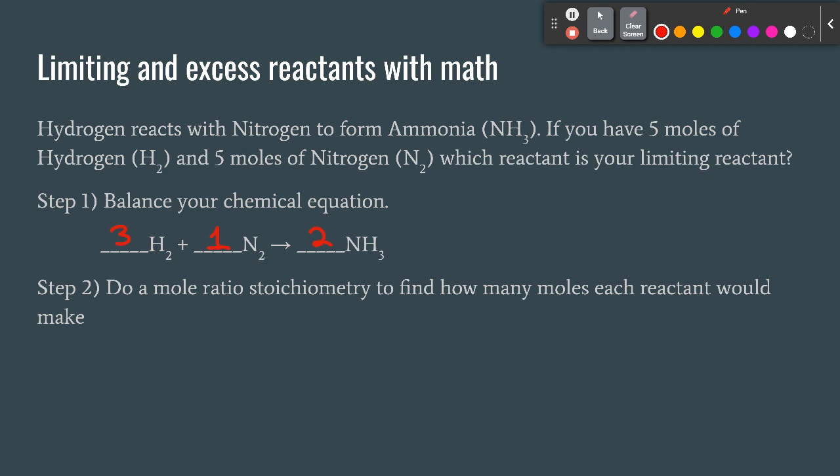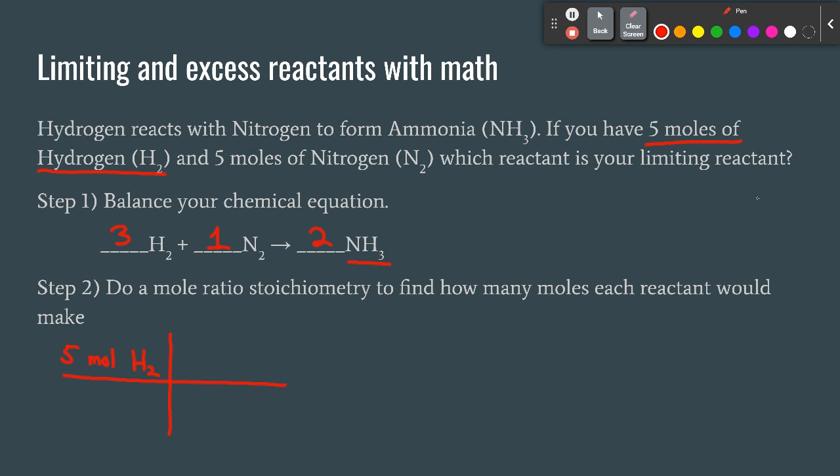Let's do a T-chart with our 5 moles of hydrogen first. So I'm going to build my T-chart. In the question, I'm doing 5 moles of hydrogen, so I'm starting with 5 moles of hydrogen. We're looking for how much product we can make, or how much of this NH3 we can make.